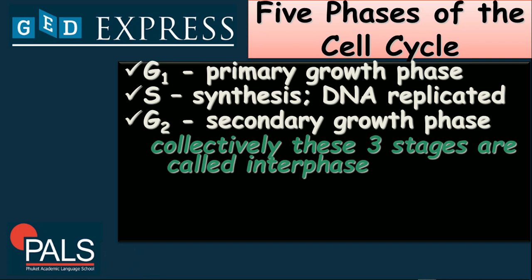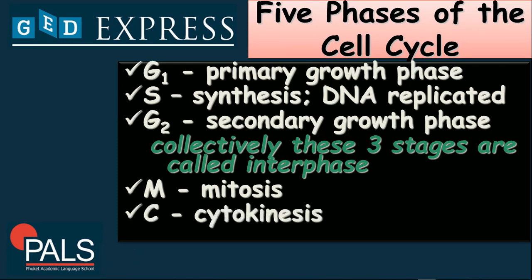So if you group G1, S, and G2, they are known as interphase in the cell cycle. And then after that, we have M for mitosis. I'll discuss this in a separate screencast. And letter C, that is for cytokinesis.